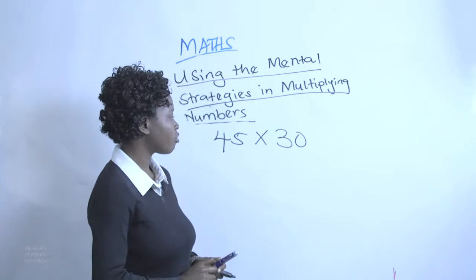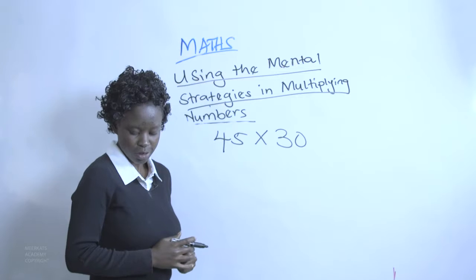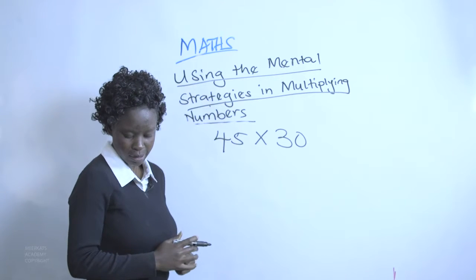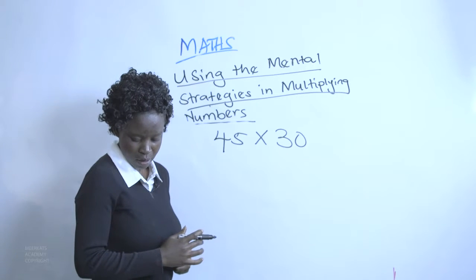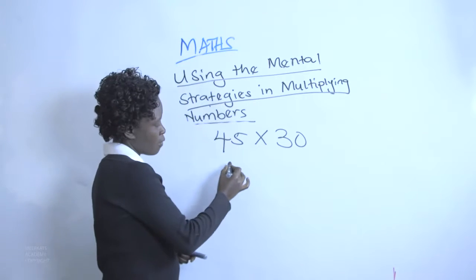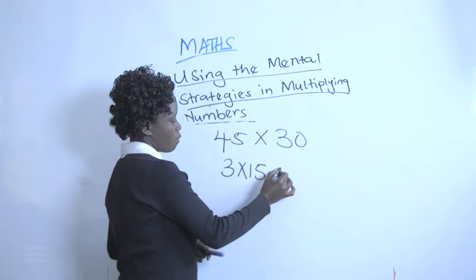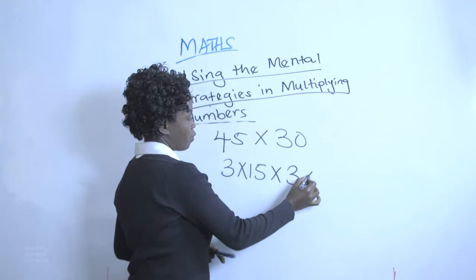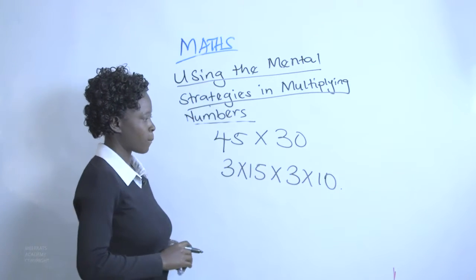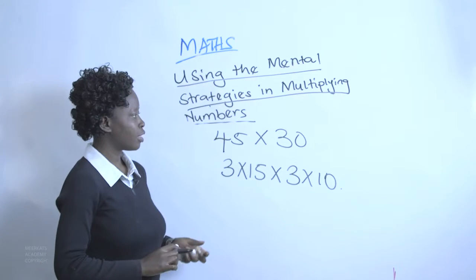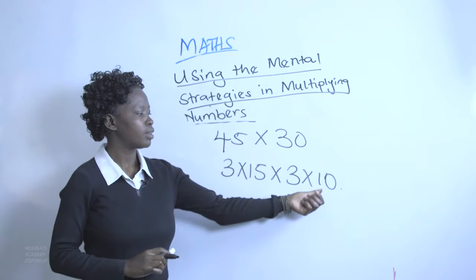Another example we have is 45 times 30. 45 times 30 is simply 3 times 15 times 3 times 10.